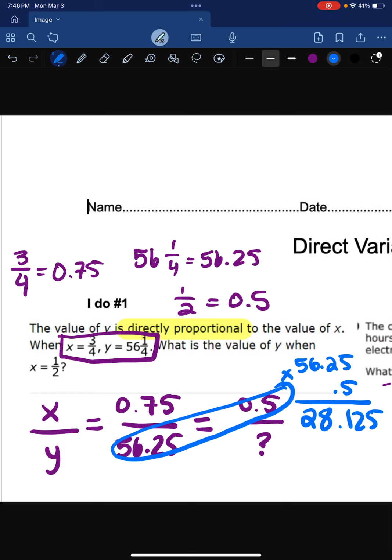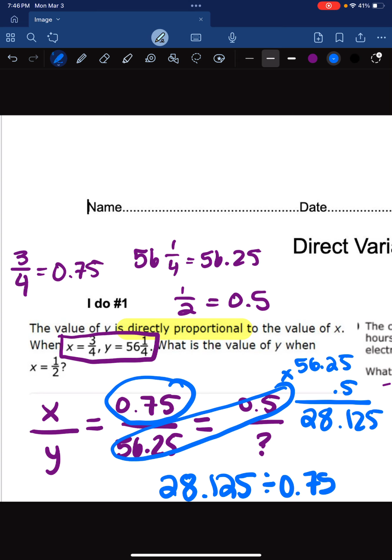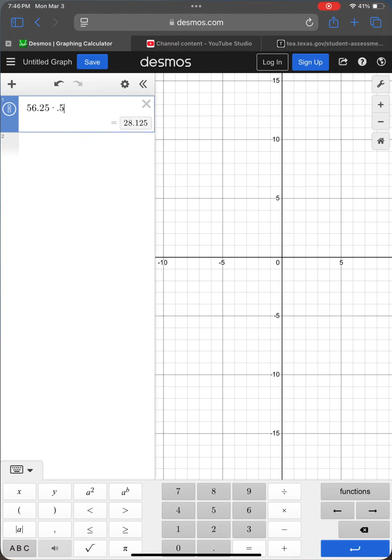28.125. And now I'm going to take my result and divide it by my lonely number over here. So 28.125 divided by 0.75. We're going to go back into Desmos.